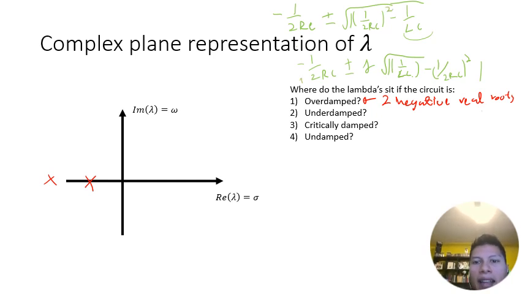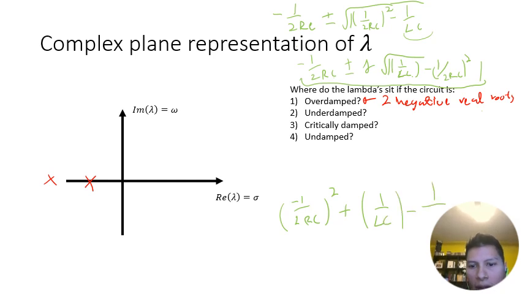Now, to find the magnitude of this vector, we have to square the real part and the imaginary part, and so we're going to get (1 over 2RC) squared plus 1 over LC minus (1 over 2RC) squared. And so the magnitude of this vector will always be 1 over LC.